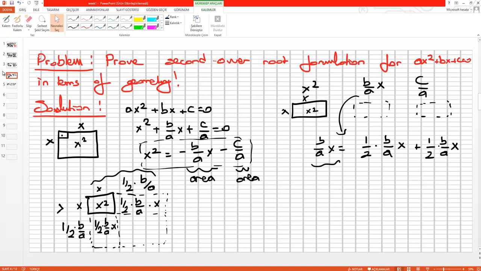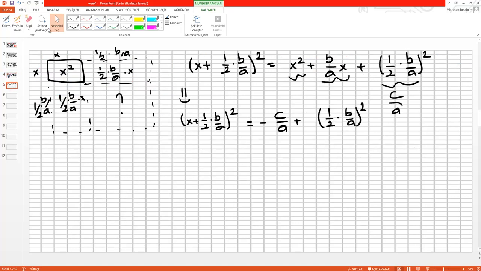Okay, because this c/a gives x square plus (b/a)x, which is equal to the c/a, right?